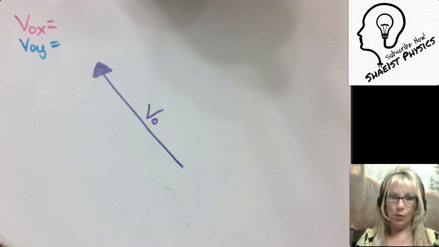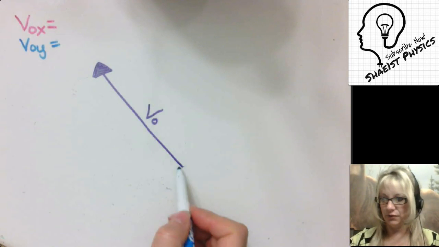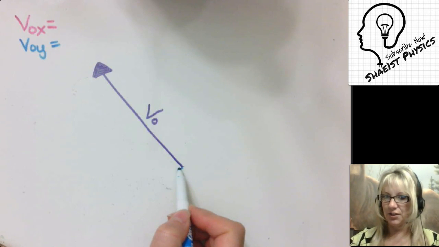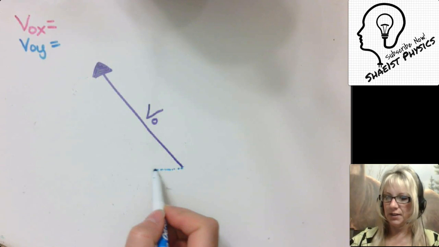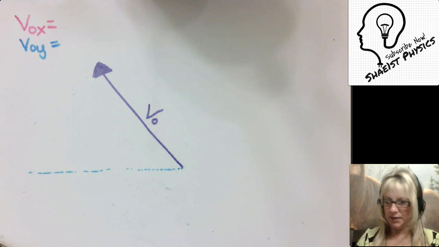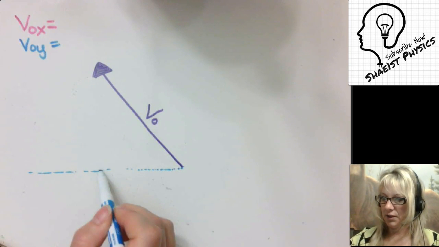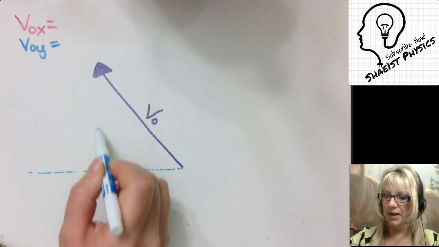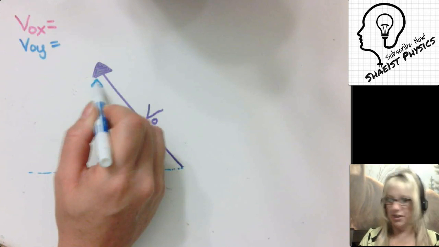And what we're going to do is remember that you can put any two vectors, or any number of vectors, together tail to tip. And when you do this, you are going to end up with two vectors that, when combined together, are equivalent to the original diagonal vector.